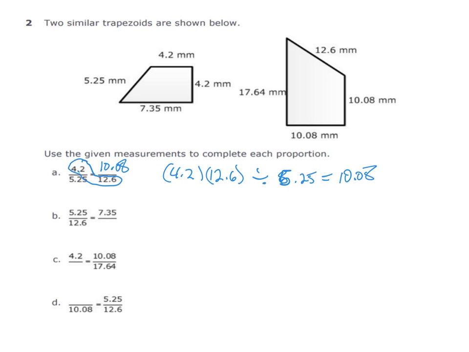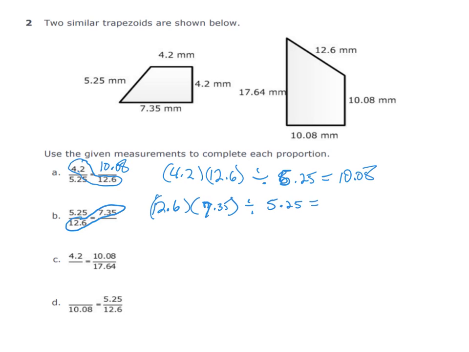All right, we can do the exact same thing with B. We'll take 12.6 and multiply it by 7.35 and then divide by 5.25. So here we go. We're going to take 12.6 times 7.35, and then we're going to divide that by 5.25.